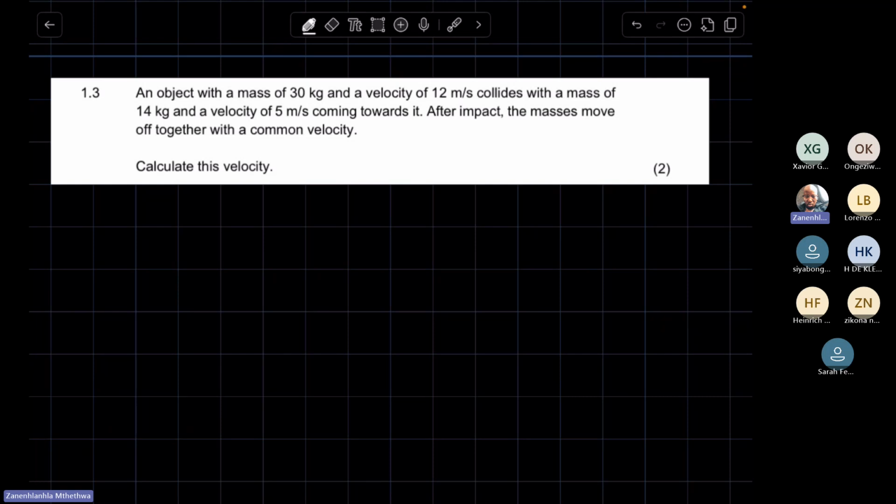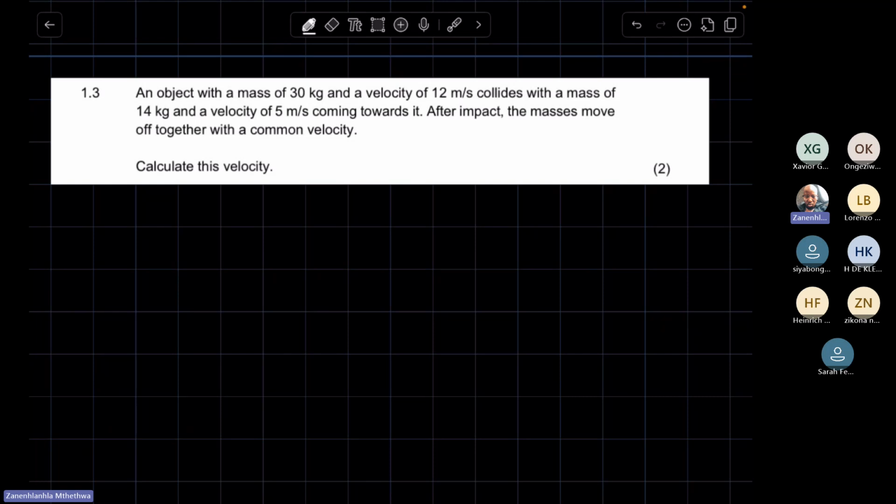Right, with conservation of momentum, before even looking at the question, we will always be looking at two objects that are in a collision. We look at the momentum before the collision for both objects being equal to the momentum of both objects after the collision.